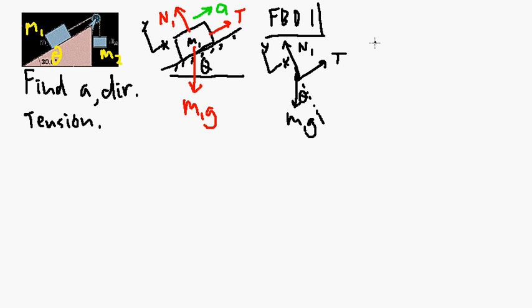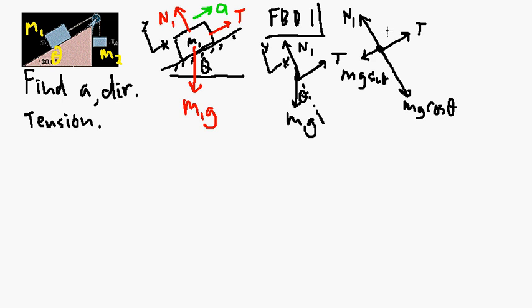Let's see if I can do something a little less ugly here for this one. There's N1, there's T, there is our mg sine theta going that way, and down here we have our mg cosine theta. Well, normal force and mg cosine theta act in the y direction, and that's nice for them, but I don't think we actually care.